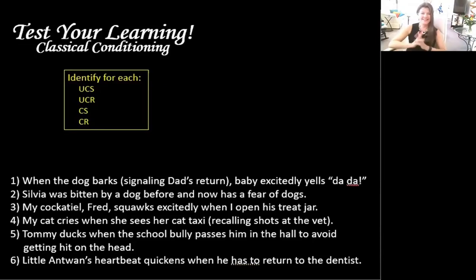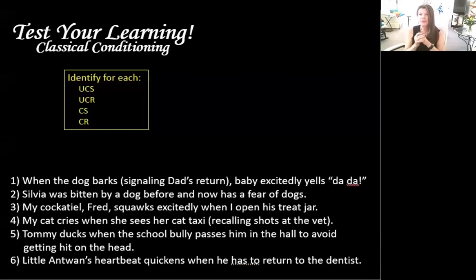Okay, so let's see how you did on these. Number one, I'm just going to say them in order, so I'm not going to say UCS, UCR, but I will do the order here. So the 4 answers for number 1 are dad returns, excitement, the dog bark, and saying dada.